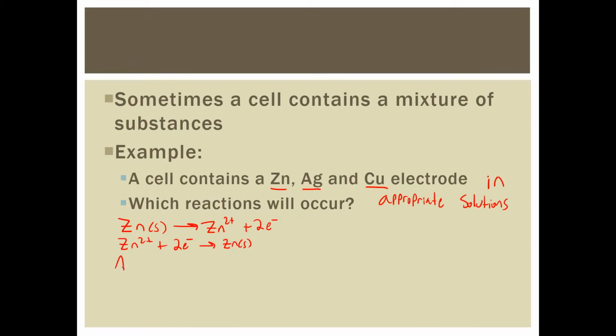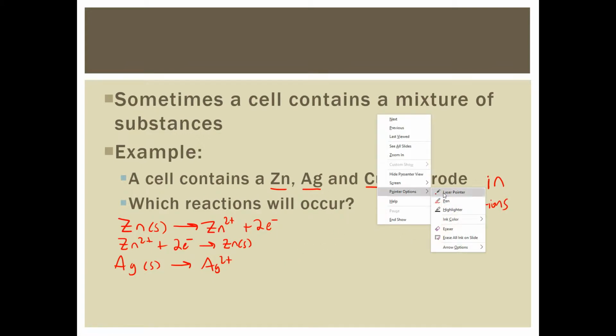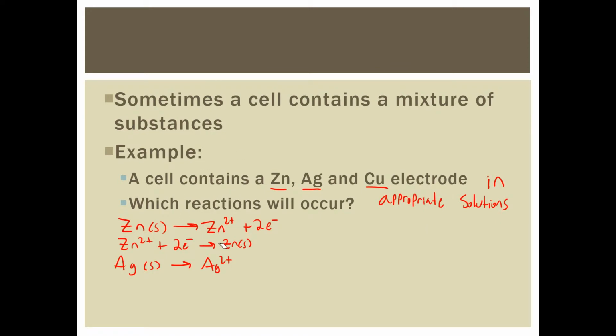In the silver portion of the cell, you would have the oxidation of silver. Wait, not 2 plus. Silver doesn't have a 2 plus charge. Silver should only be 1 plus, 1 plus and 1 electron. Then you have the reduction of silver.